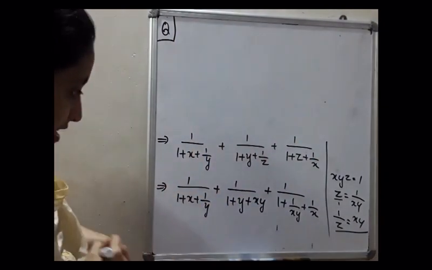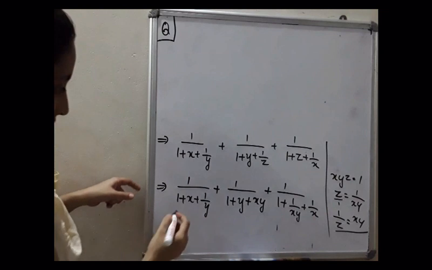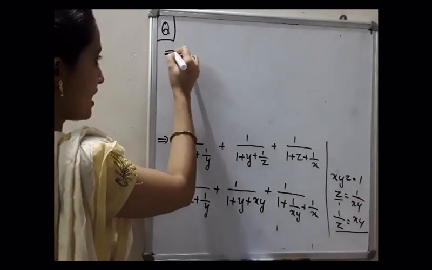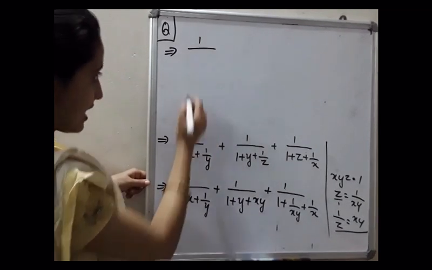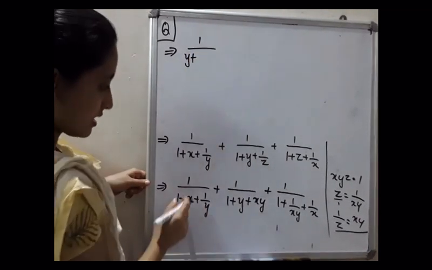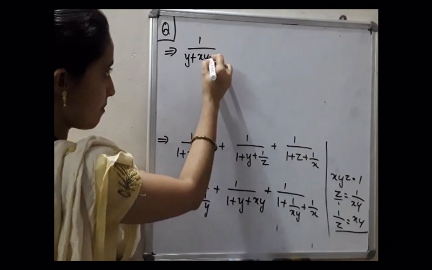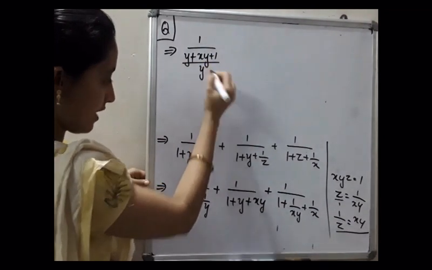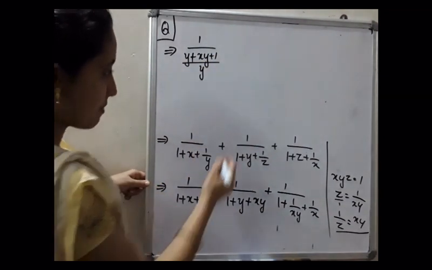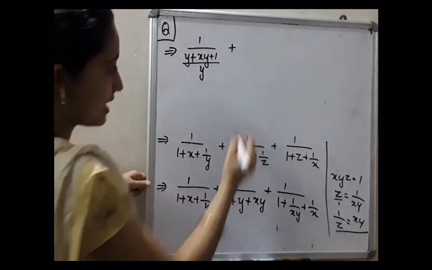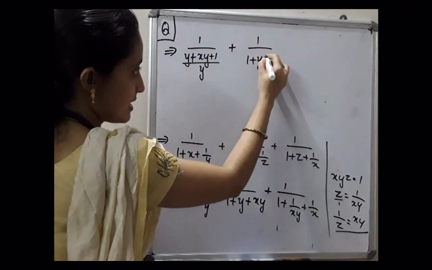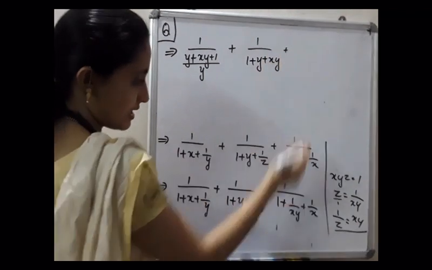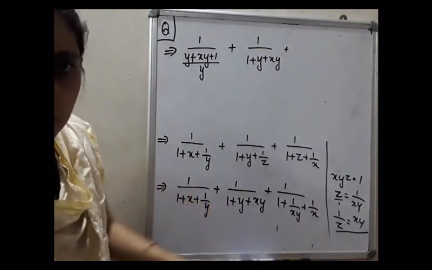Yes, listen here. Next step, cross multiplication. That is, how can we write that? That implies 1 by (y plus xy plus 1 by y). Okay, this is cross multiplying or taking LCM. Then plus 1 by (1 plus y plus xy). Plus, here what we can write, LCM is what? x and y, is it?